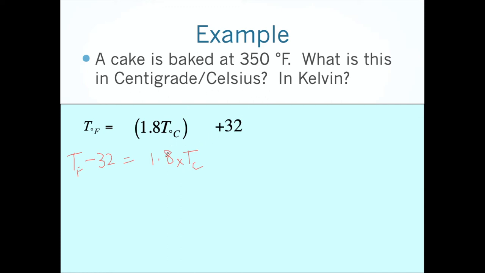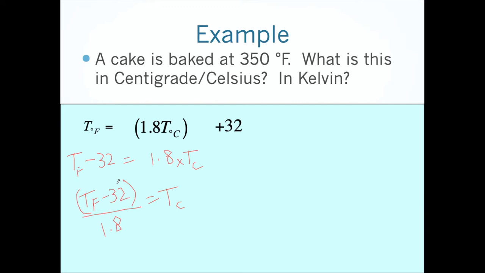So how do I move my 1.8 to the other side and leave the temperature in Celsius by itself? Well, the opposite of multiplication is division, so I've got to divide by 1.8. I take my temperature in Fahrenheit minus 32, divide by 1.8, and that will equal my temperature in Celsius by itself. You might see me sometimes write this in parentheses because that shows that this is one term.